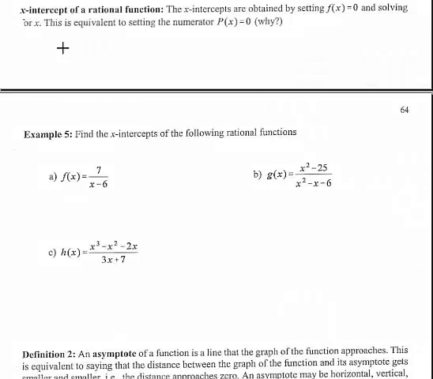It says pretty much the opposite of what we do for the y-intercept. To find the x-intercept, we set y equal to 0. That's the equivalent of taking our rational function, where we've called the polynomial on top p and the one on the bottom q, so this is f as a whole, this entire fraction.